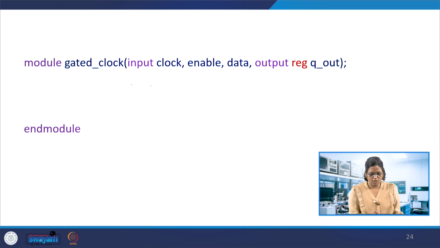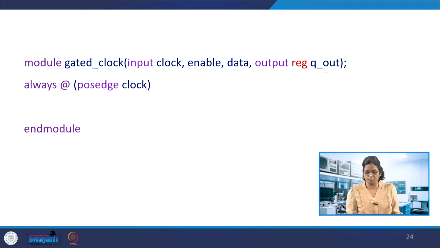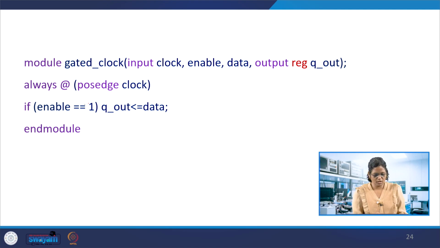So now the gated clock, what we had seen: module gated clock, input clock, enable, data, output register Q out. Always at the passage of the clock, if enable, store the data to Q out. Again, this is the passage of the clock, and you can see the if enable; there is no reset in this case, though the clock is enabled for some time, and then the data is passed. This is another way of doing this, using the clock enable.